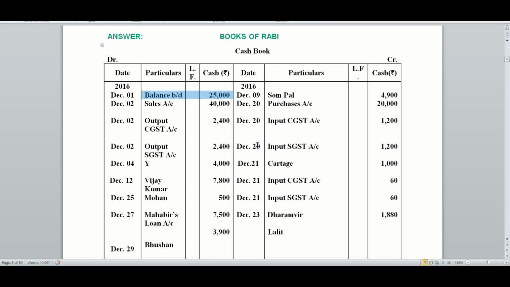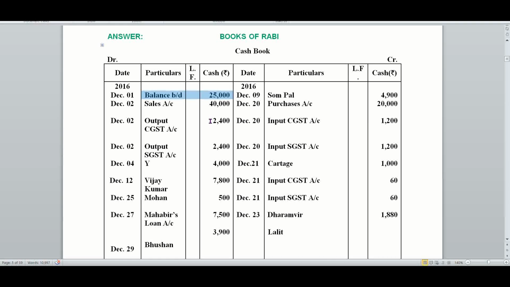Because it is not an overdraft balance. In a single column cash book, there cannot be an overdraft balance. This is a favorable balance and it is written on the debit side of the cash book.